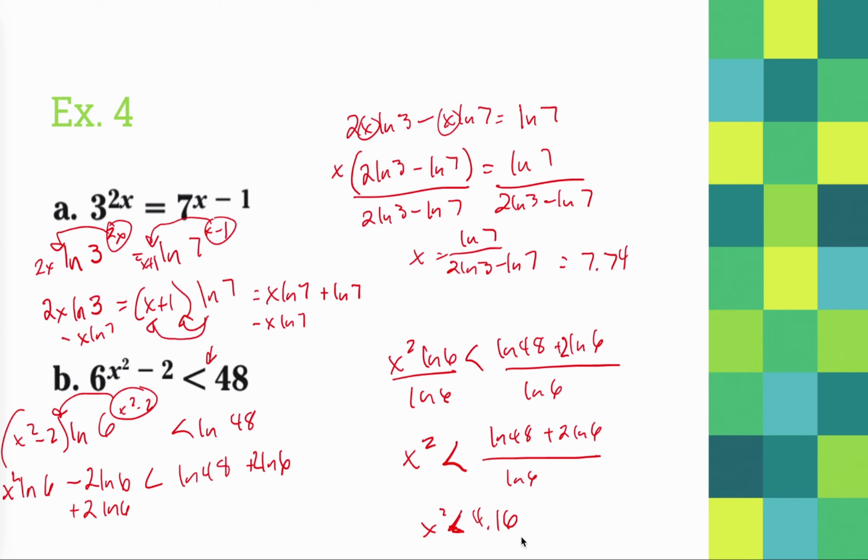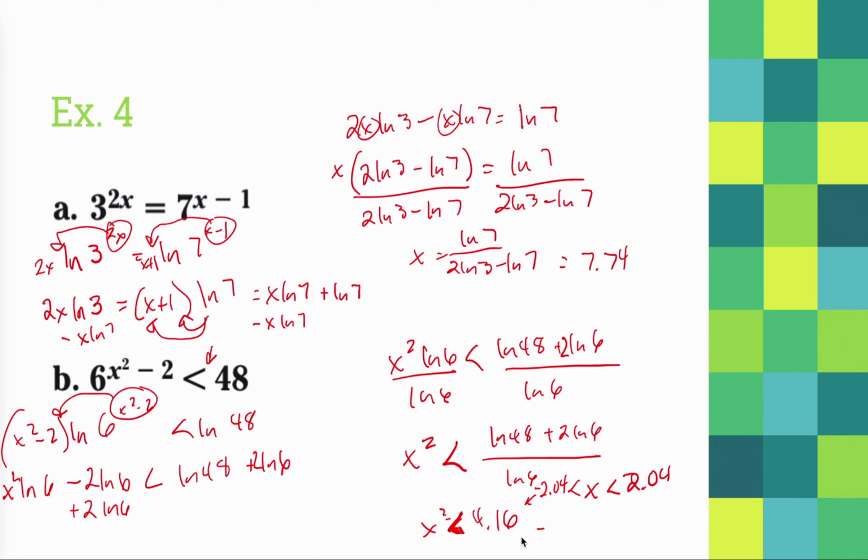So if x squared is less than 4.16, we end up with x is less than 2.04, but also greater than negative 2.04, because negative 2.04 squared would also be 4.16.